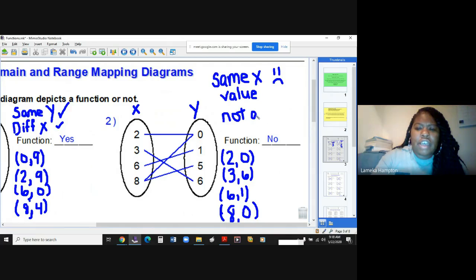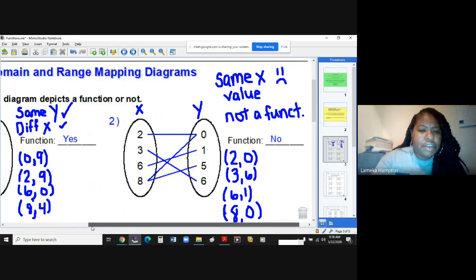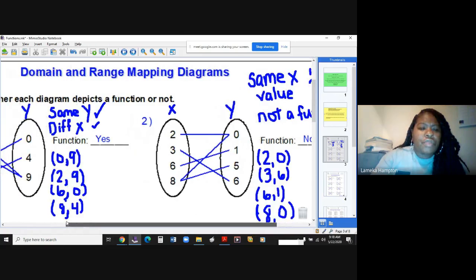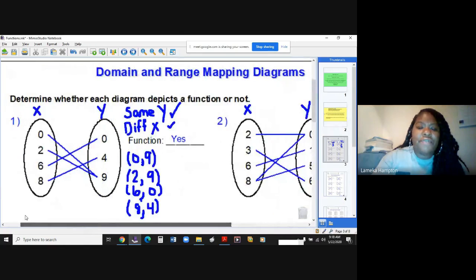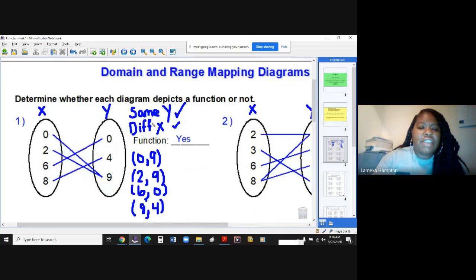Okay, not a function. Okay, and I'm running out of room, so I'm just going to abbreviate. Okay, so again, I want to make sure that we recognize and understand that number one is a function because they have a different x value, but the same y value.